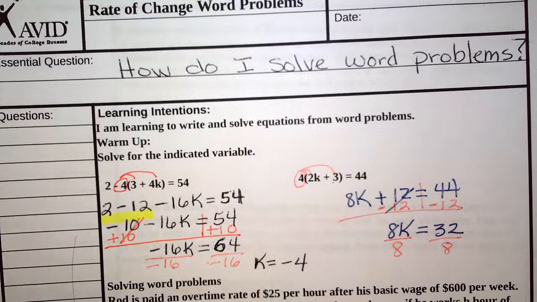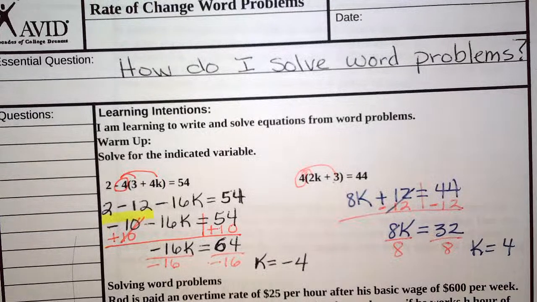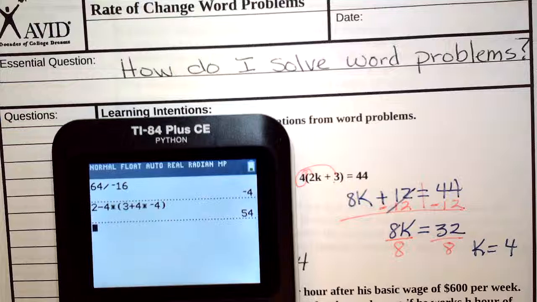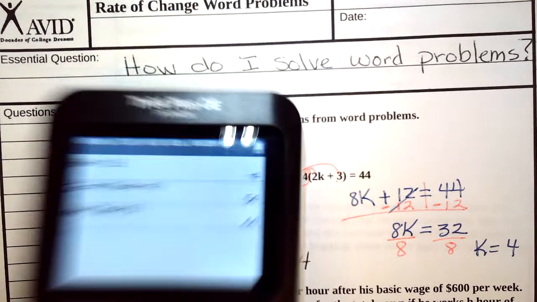And k is equal to 4. Once again, if I'm going to check, 4 times parentheses 2 times 4 plus 3. I get 44, so I know I've got the correct answer.